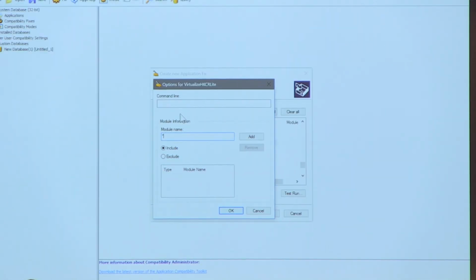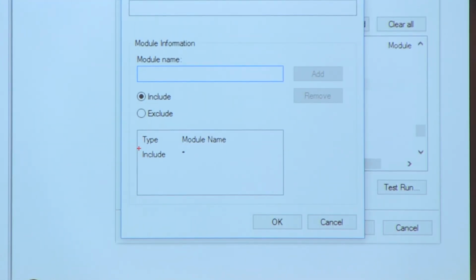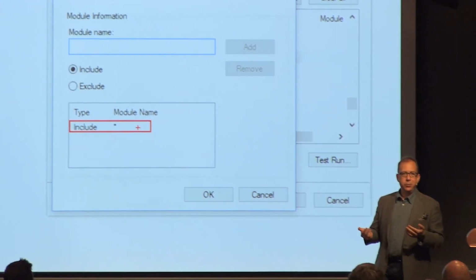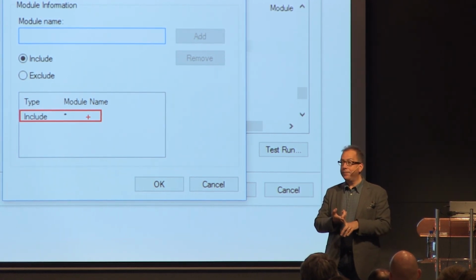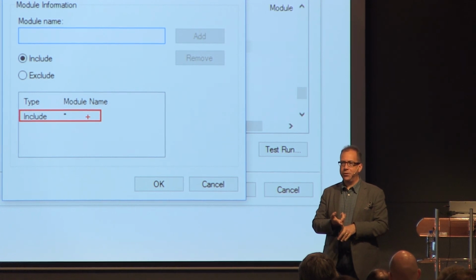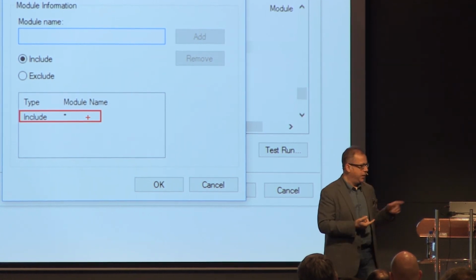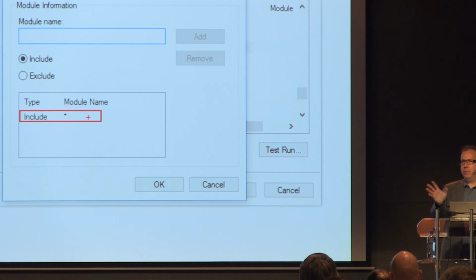Well, live Zoom is not working so well. All right, and I'm lazy, so I'm just going to do an include star. What this is going to say is just include everything. Normally the global exclude is going to exclude things in the Windows directory, our assumption being, if we wrote it, it really ought to be compatible, so we're not going to shim it. So we don't end up shimming kernel32 or user32 or other things that are mainline on the system. This just says, apply this shim across the board, which will grab the .NET framework and everything.